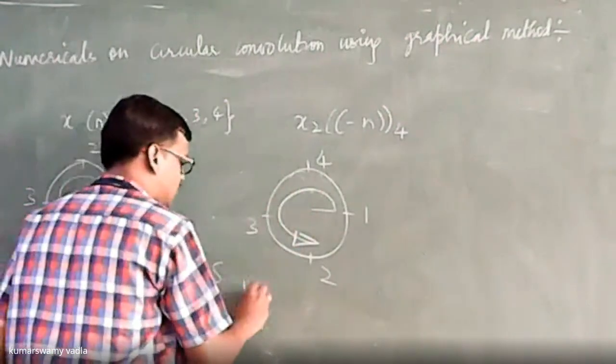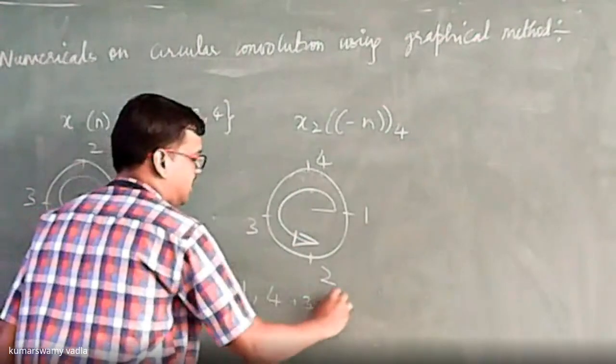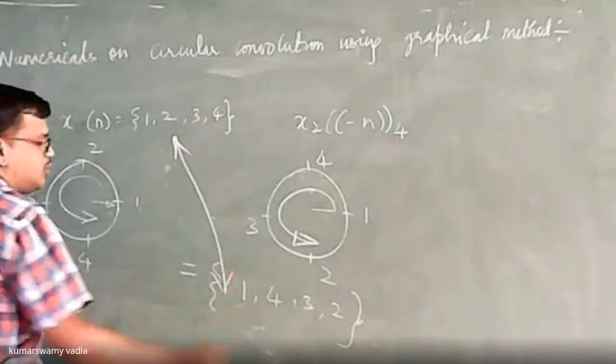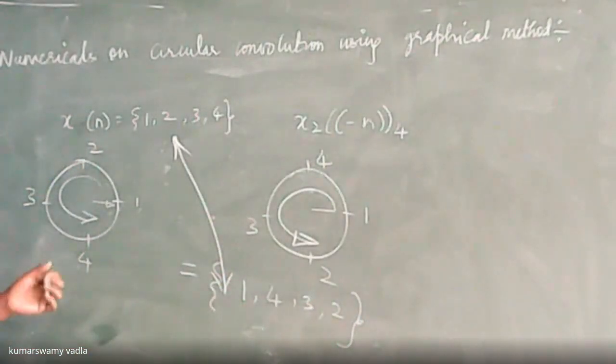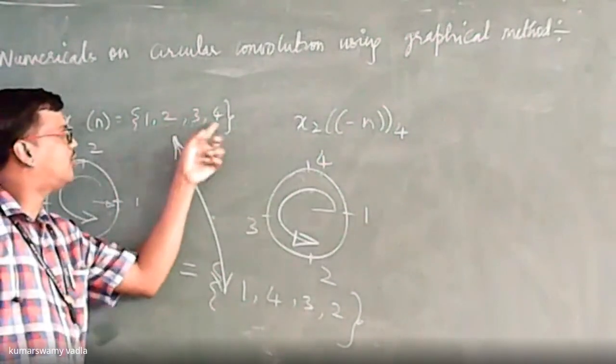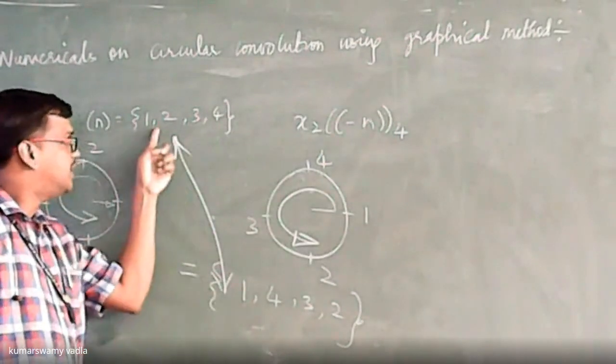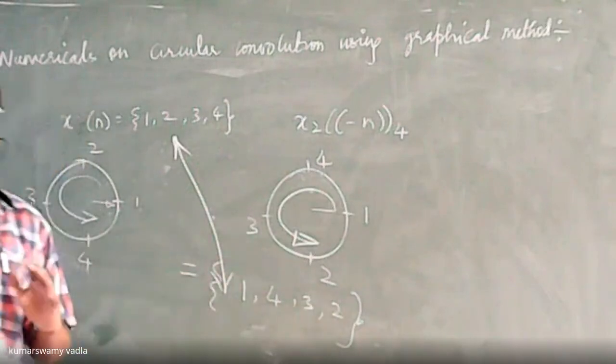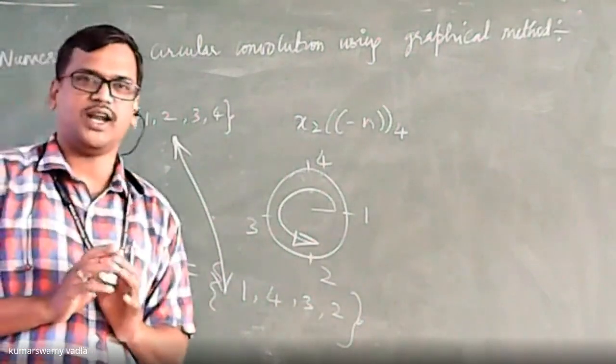What do you get here? 1, 4, 3, 2. When I compare this with this, what is the change? Here you get 1, 2, 3, 4. 1 remains as it is. Instead of 2, 3, 4, you get 4, 3, 2. That is the mirroring.